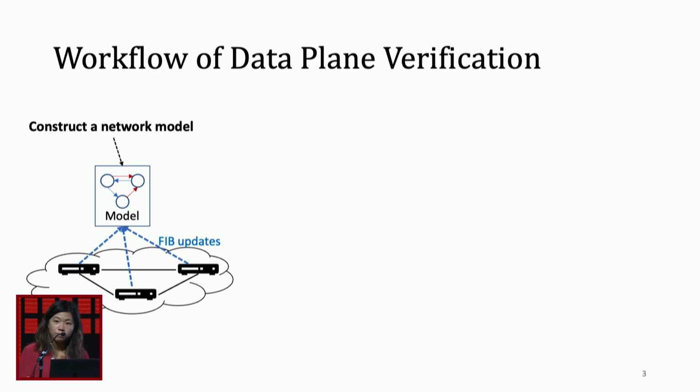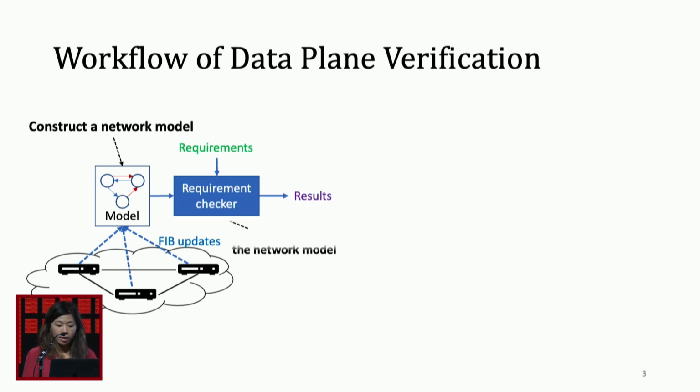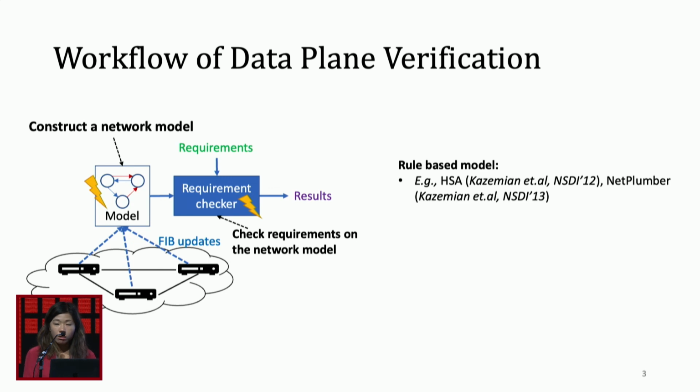In order to perform this verification, a typical way is that from the FIB and the FIB update, we create a network model. And then we develop a requirement checker that checks whether the requirement is satisfied on this network model and generates the results. In previous work, there are rule-based model creation and requirement checkers, such as HSA and NetPlumber.